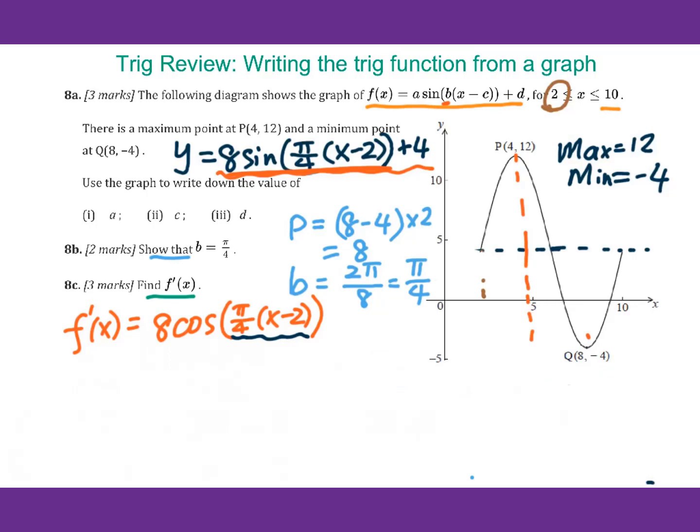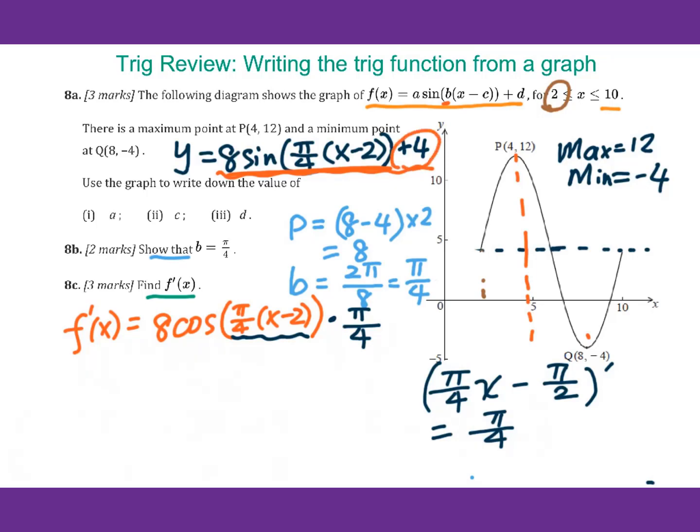Do the distributive property first. So pi over 4x minus pi over 2. Then you do the derivative. You will get pi over 4. Constant number will be 0. Therefore, you multiply by pi over 4. Derivative of this constant number 4 will be 0. Then I organize. You will get 2 pi cosine of pi over 4 x minus 2.